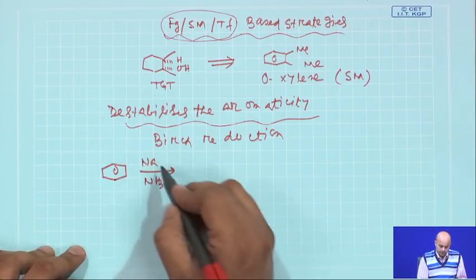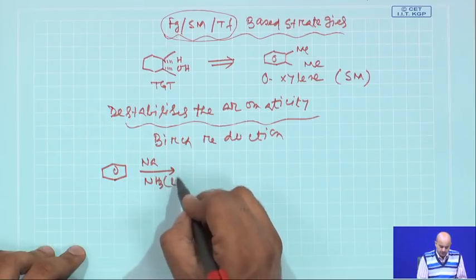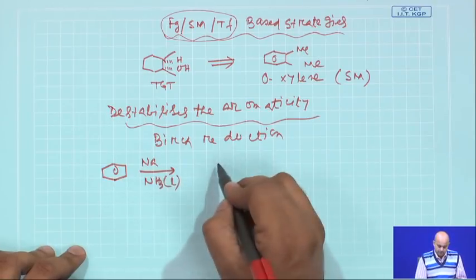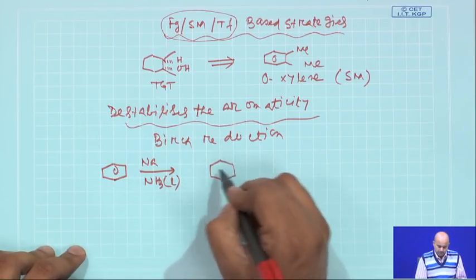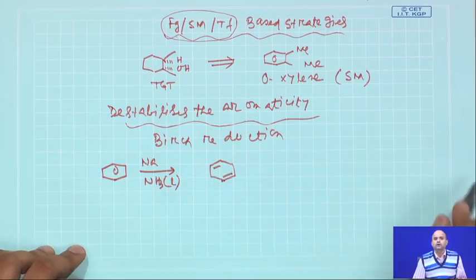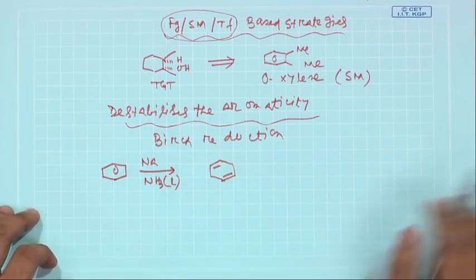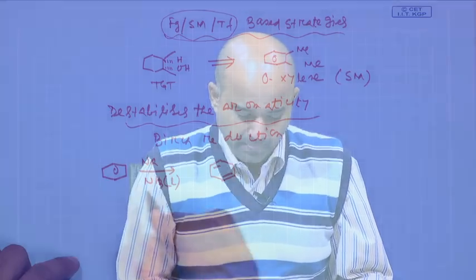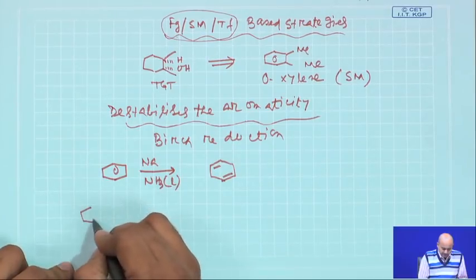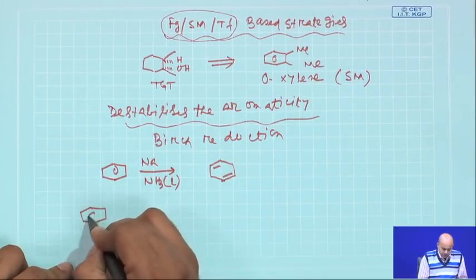When you have sodium metal or lithium metal dissolved in liquid ammonia, you get this kind of aromatic to non-aromatic hydrocarbon. Now, Birch reduction has a very unique regiochemistry.